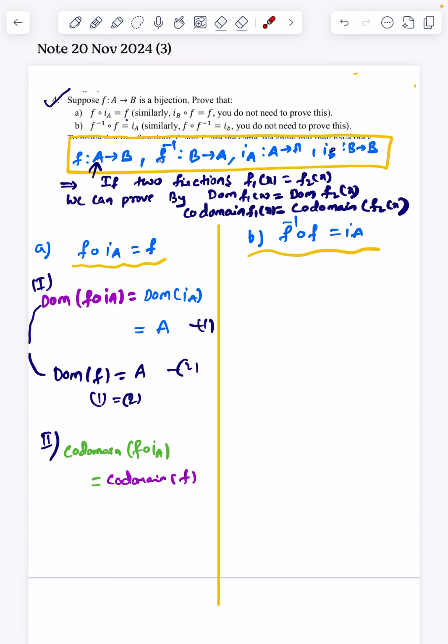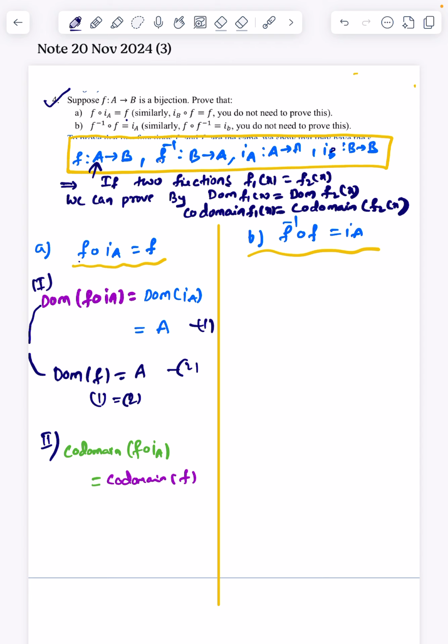According to the codomain rule, the codomain of a composite function is the codomain of the first function, so the codomain of f circle I_A equals the codomain of f, which is what we required. Yes, this is true. These two conditions hold, so the two functions are equal. Then f circle the identity function always gives the same function.